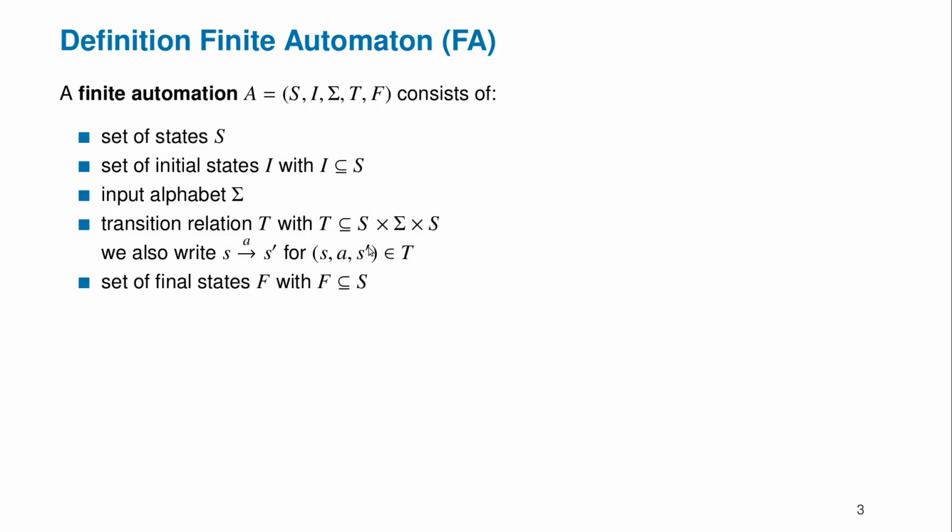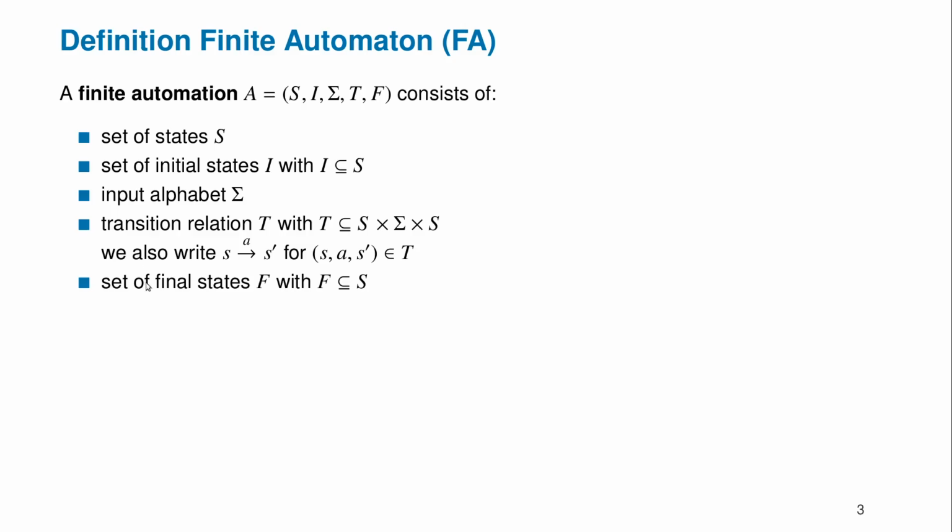So what we include here is non-determinism, and we could have multiple transitions labeled with the same symbol, starting from the same starting state but ending up in different target states. But this we will also see a bit later.